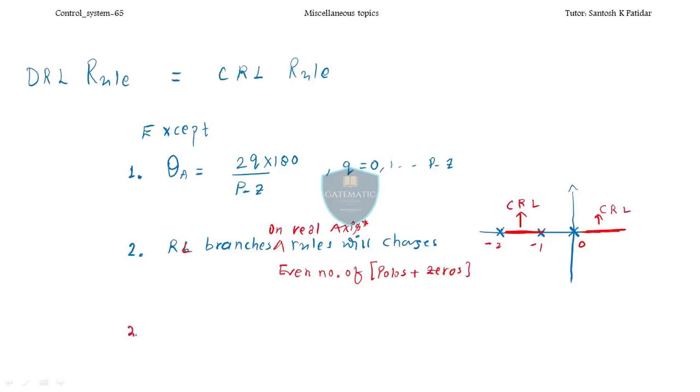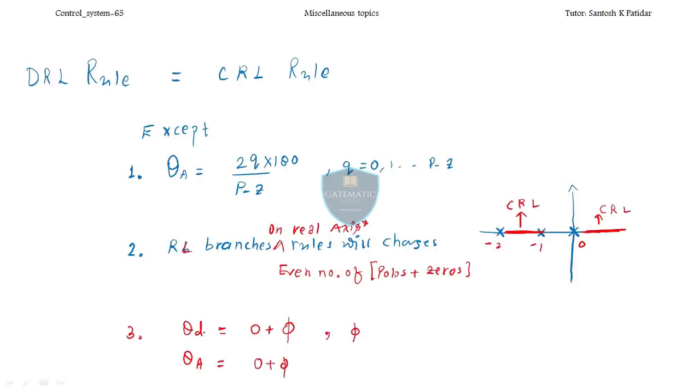Now the third point is phi d and phi a, angle of departure and angle of arrival. There we have seen the formula 180 degree plus phi. Here everything will be 0 plus phi, and you know very well what is the phi.